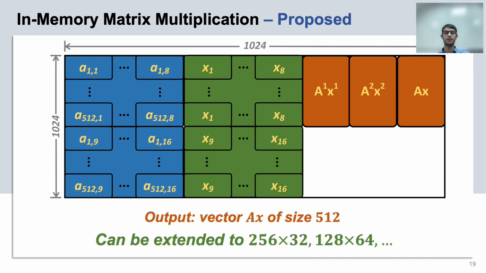Overall, we were able to compute the matrix vector multiplication of A and X, even though A had 16 columns. And we can actually extend this idea to many more dimensions, for example 256 by 32 or 128 by 64, and now we're getting much more practical dimensions that could be used in real-world applications.